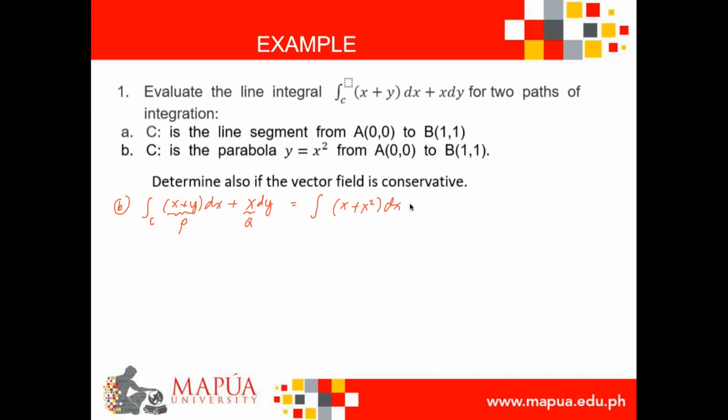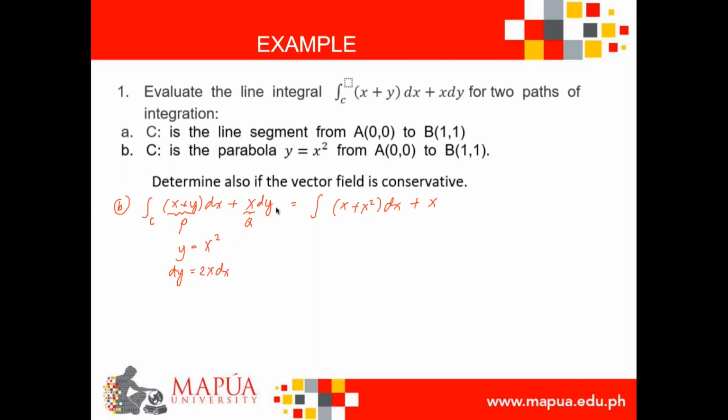Then plus we have x. And dy here can be found by getting the derivative, or I should say the differential, of your parabola, which is y equals x squared. So the differential of y is dy, while the differential of x squared is 2x dx.